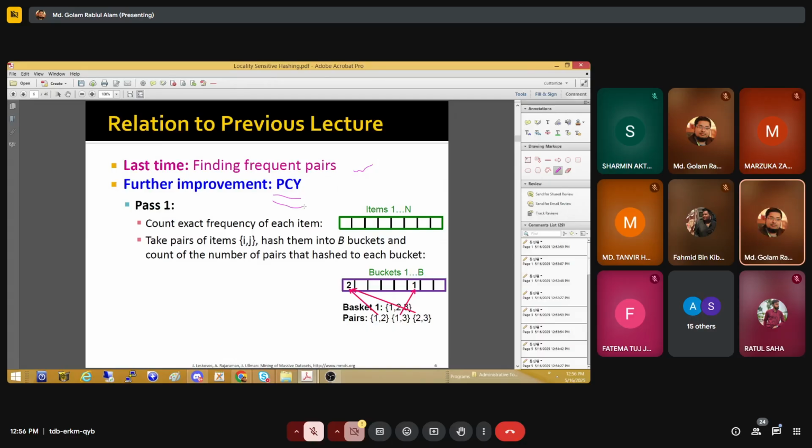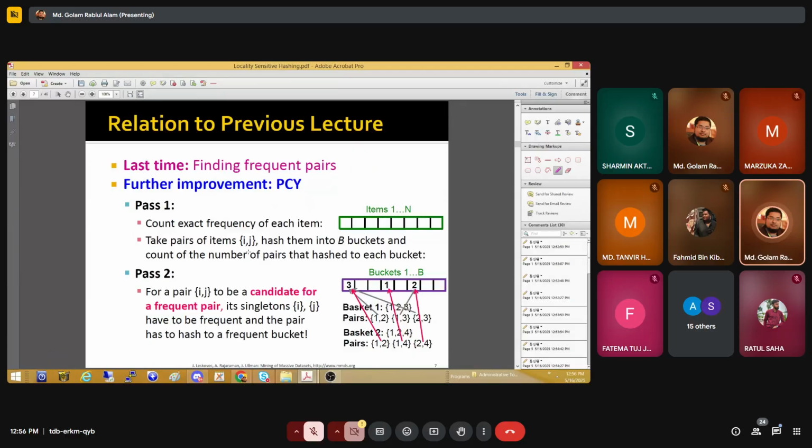If you want, maybe review that same thing here, because it will give you the base to understand today's lecture on hashing also: locality sensitive hashing.